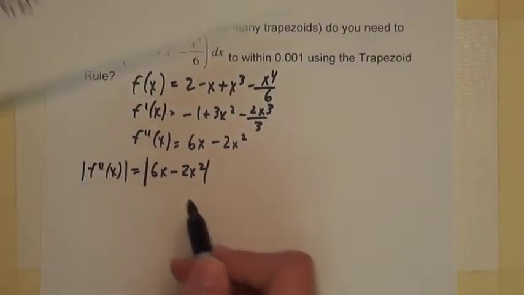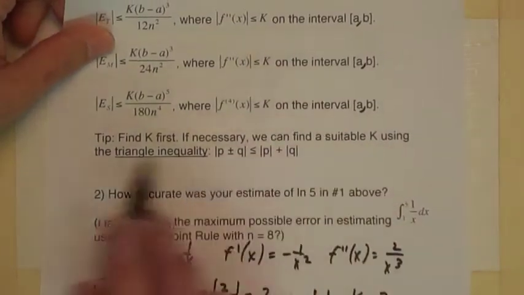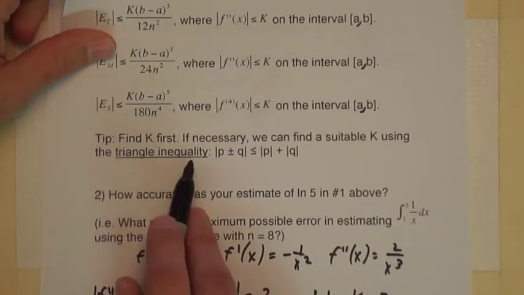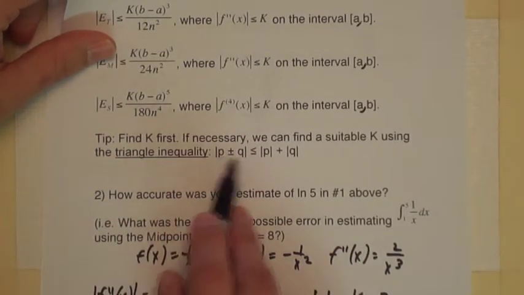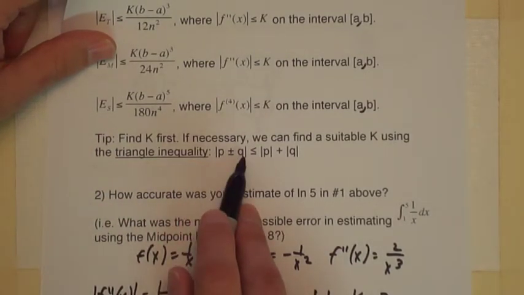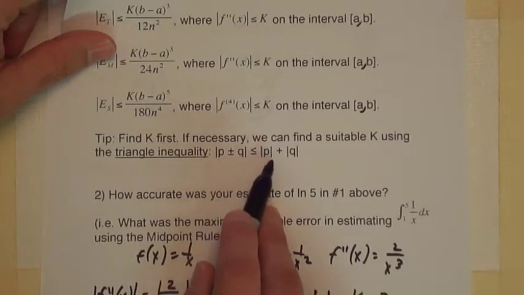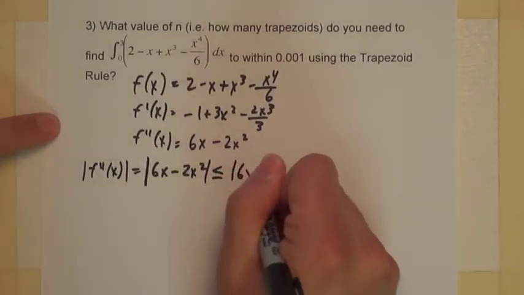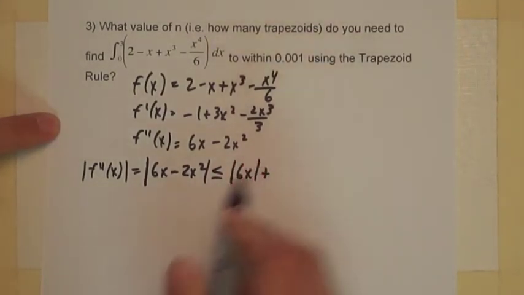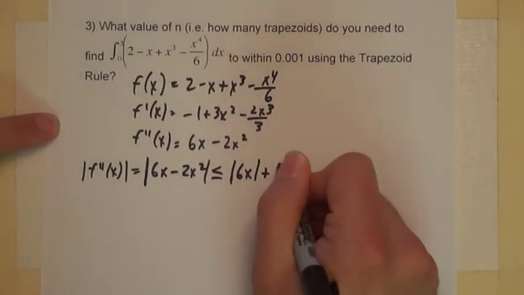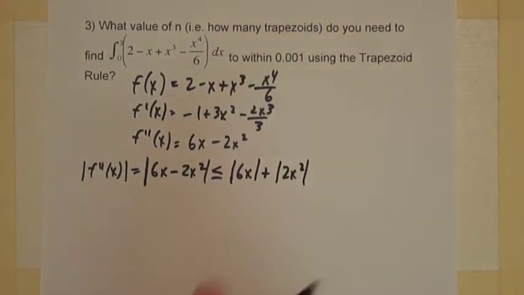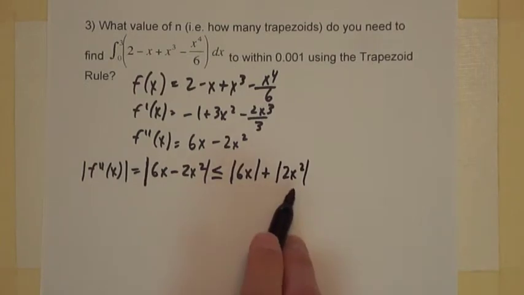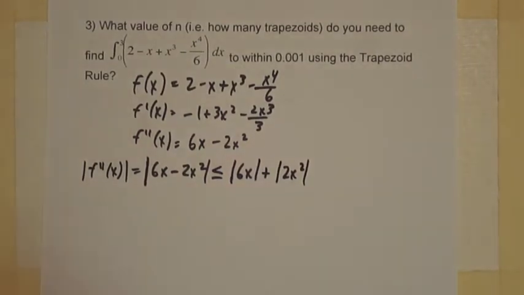This is sort of a quick and dirty shortcut using the triangle inequality. This was the tip from the previous page. We're going to break up this absolute value as the absolute value of the first thing plus the absolute value of the second thing. And when you do that, you have to put a less than or equal to sign. So we get this. This is much easier to think about.